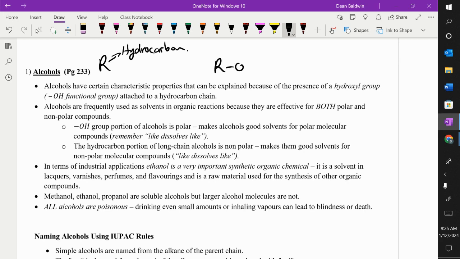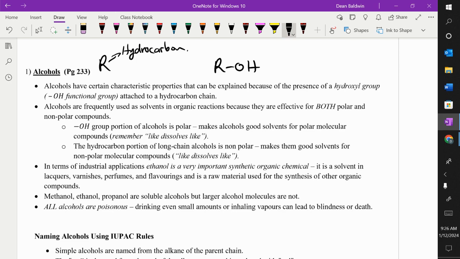So alcohols have the formula ROH. The R just means there's a whole bunch of carbons attached to it. Okay? The OH is the alcohol functional group. So when you see an O and an H, you name it as an alcohol. It's called a hydroxyl group, but when you're naming it, you name it like an alcohol.